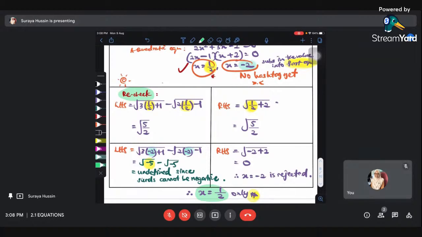2 LO dah habis dalam masa 1 jam lebih. Quite fast, isn't it? Wow. Saya harap kamu salinlah semua example yang saya ajar ni. Kamu mesti salin. You have to write it down, okay?